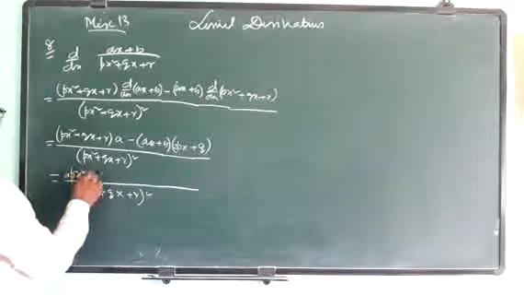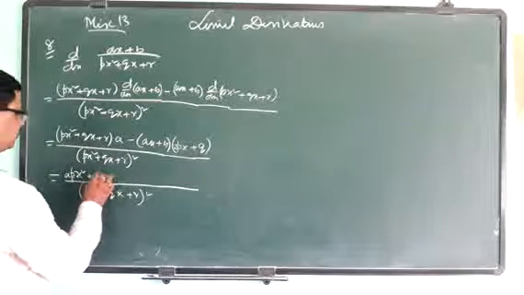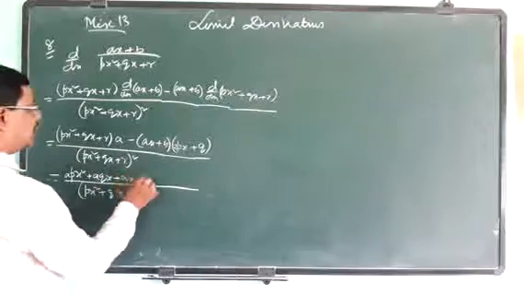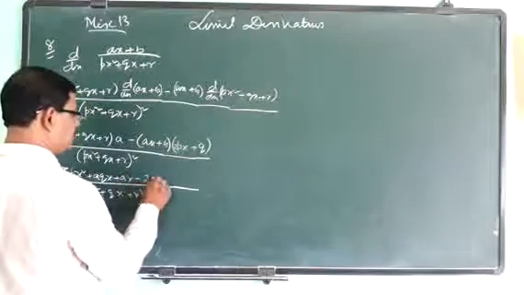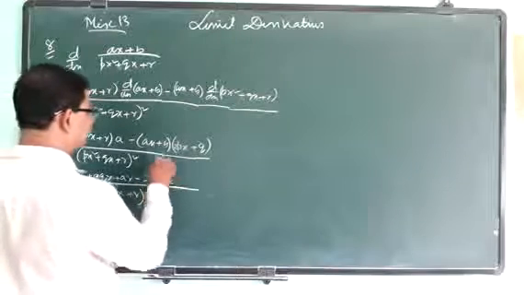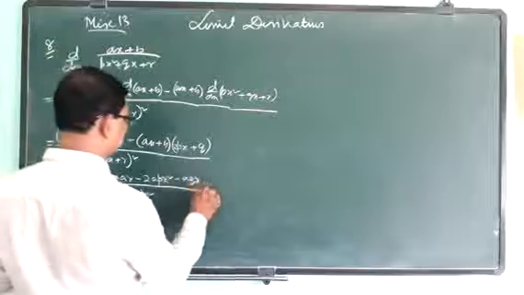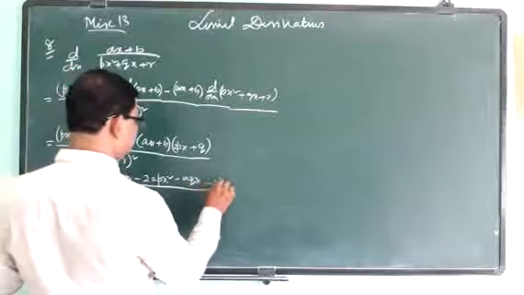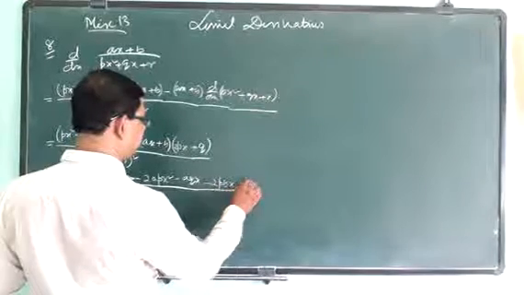Now if we break px square plus qx plus r whole square, apx square, aqx plus ar. Now we will multiply this one. If we multiply, twice apx square minus aqx minus twice pbx minus bq.